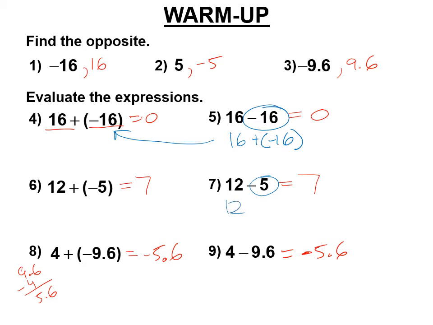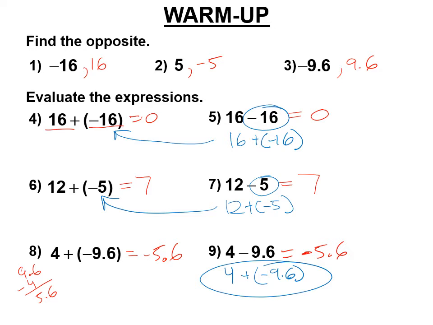Subtracting 5 will always have the same answer as adding negative 5. In first or second grade, you didn't need to know that. But now, if you have to do 4 minus 9.6, minus 9.6 is the same as adding negative 9.6. And once you write it like that, it's a problem we already know how to do. There are 5.6 extra negatives.